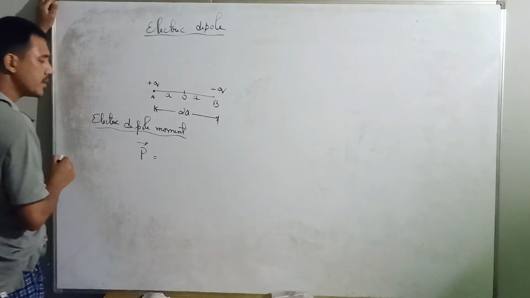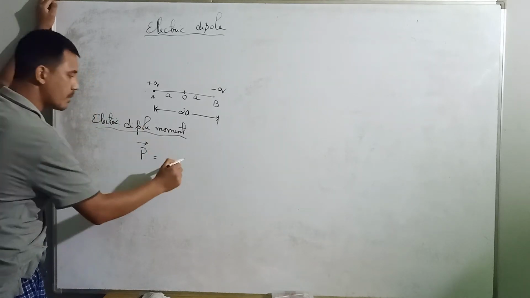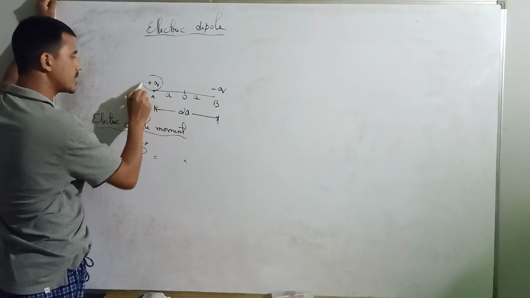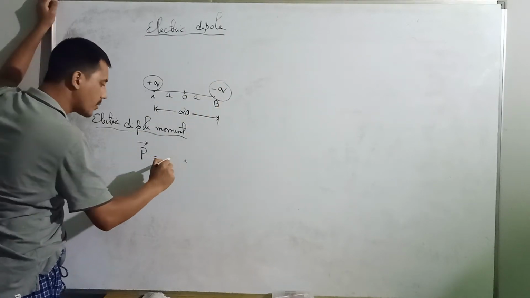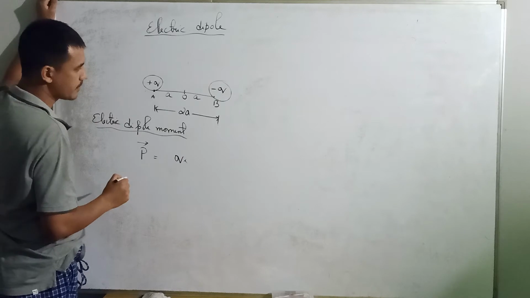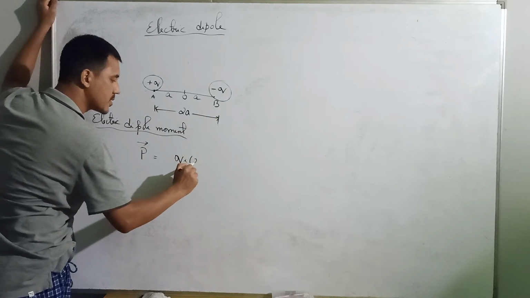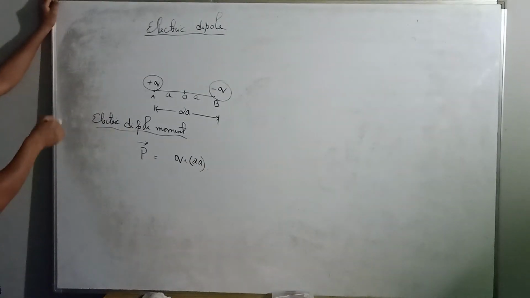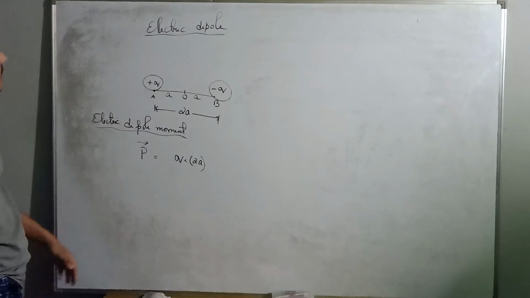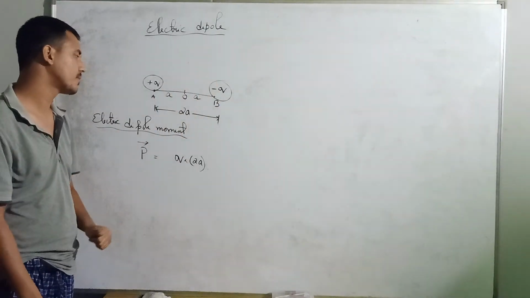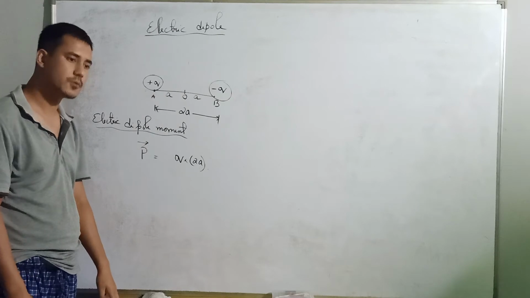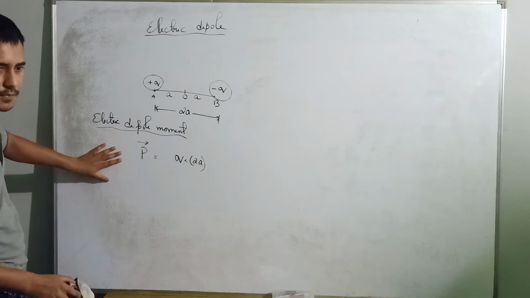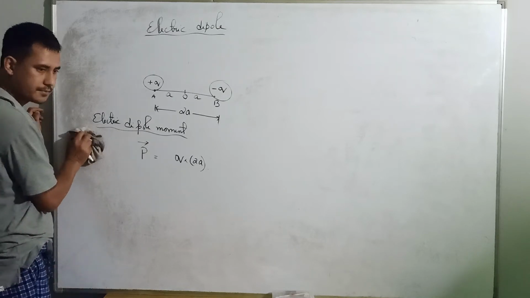So electric dipole moment is defined as the product of either charge, you can take this charge or this charge, any one, and the distance between the two charges. That is known as your electric dipole moment. So this is what you have to keep in mind now. Are you getting me?